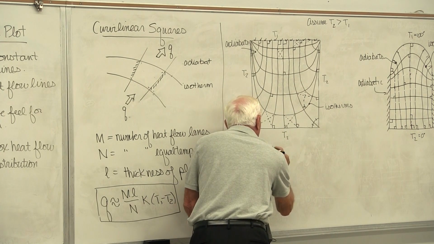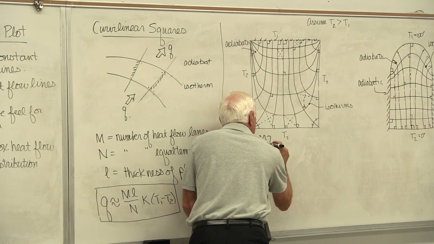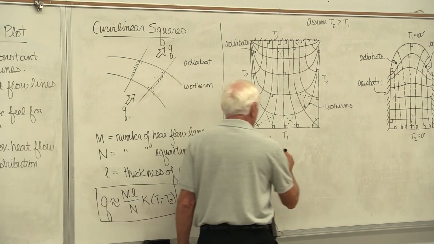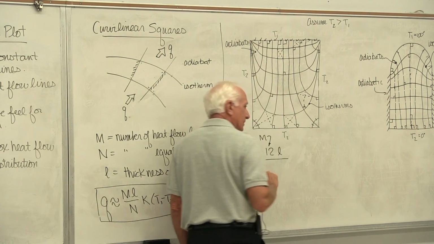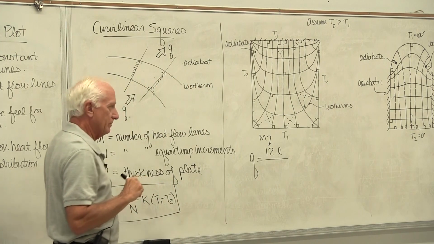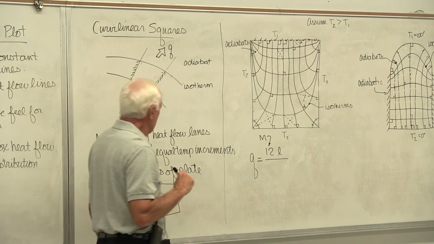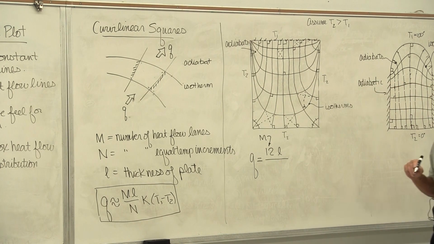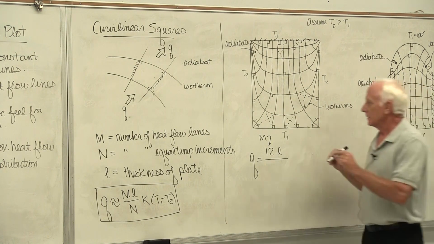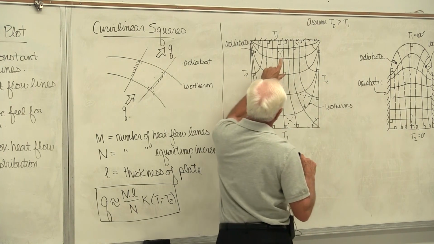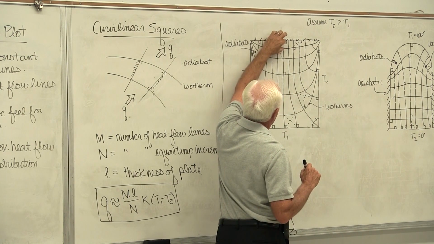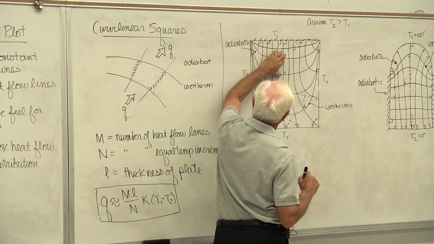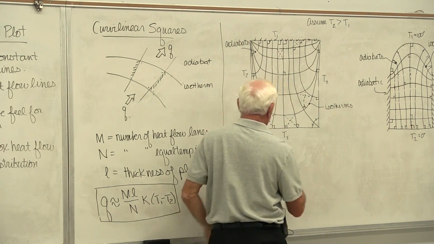Okay, 12, it's M. Times the plate thickness, I don't know what it is, a quarter-inch copper plate, whatever it is, L is the thickness. Divided by N, the number of equal temperature increments. Here's what they are, the isotherms. How many increments are there with the isotherms? Count them. 1, 2, 3, 4, 5, 6.